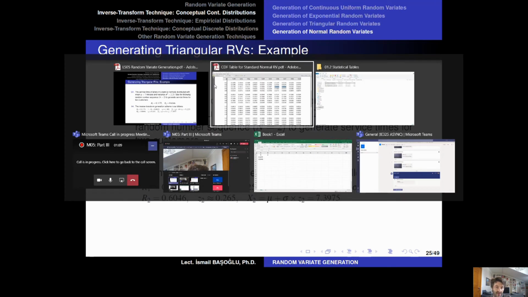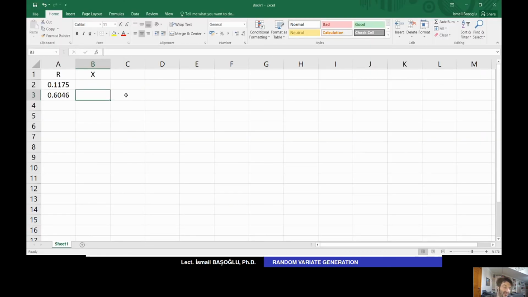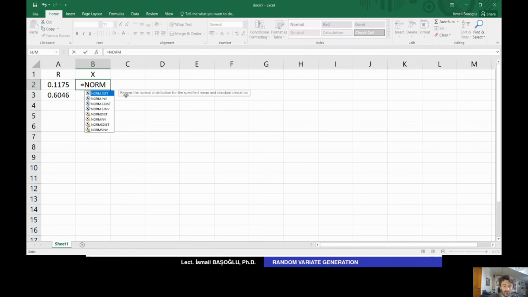And one more thing that I would like to show you. Now you see this is the primitive way of generating random variates by using this CDF table, but the primitive ways are always helpful to learn the theory. If we are going to practice this in a spreadsheet simulation, if we want to convert my random numbers into random variates which are coming from the normal distribution, what you can do is in Excel, you can use the NORM.INV function.